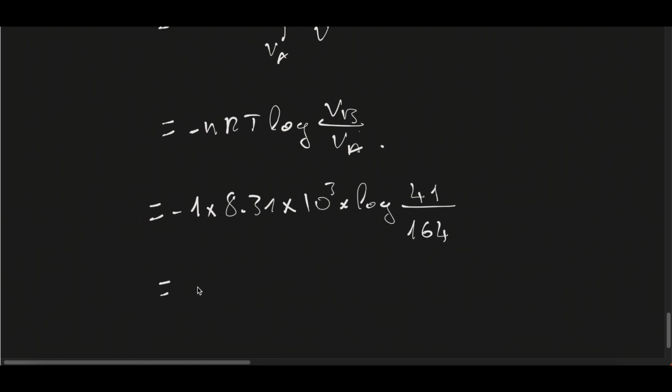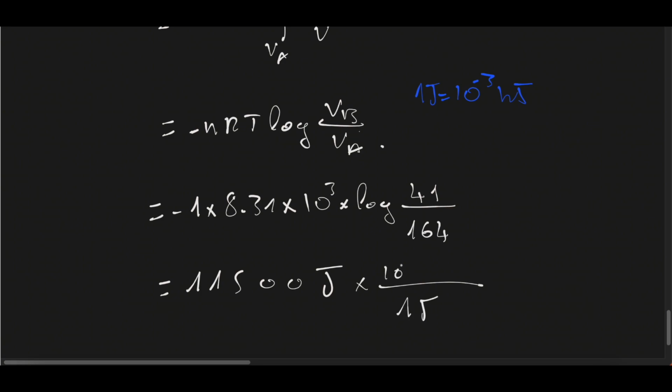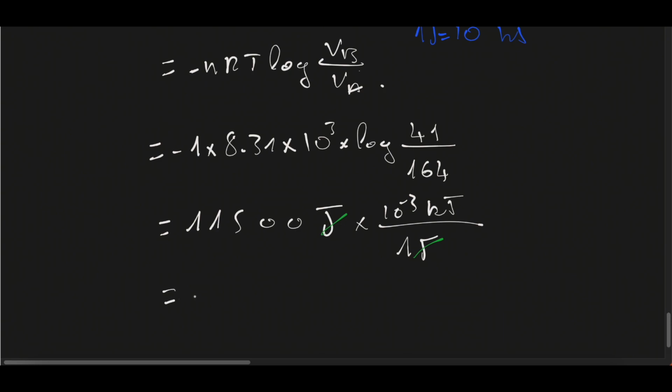And we get a value of 11,500 joules, but it's better to use kilojoules. So we'll convert to kilojoules because 1 joule is equal to 10 to the power of minus 3 kilojoules. So here is the conversion factor, and we have this value for the work in kilojoules. And for all the other thermodynamic properties, we'll use the kilojoule as unit.